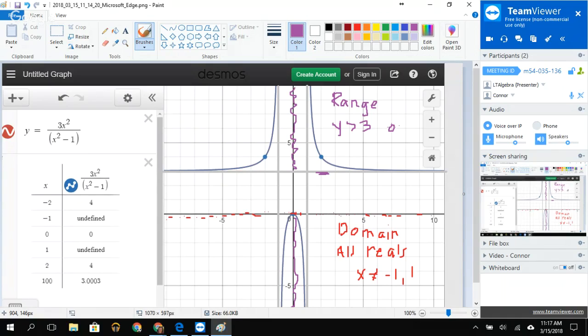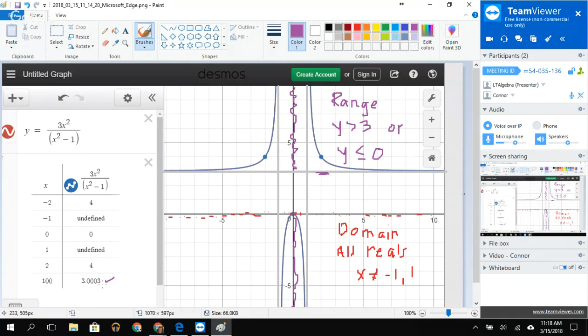Or y has to be less than or equal to 0. So what I'm proposing is that either my y values have to be greater than 3, so it never can actually be 3, or less than or equal to 0. For this first part, y is greater than 3: if you pick an x value way out here at x equals 100, your y value is still 3.00003.